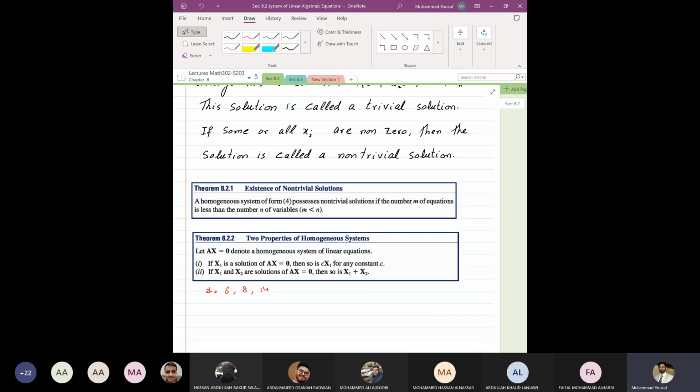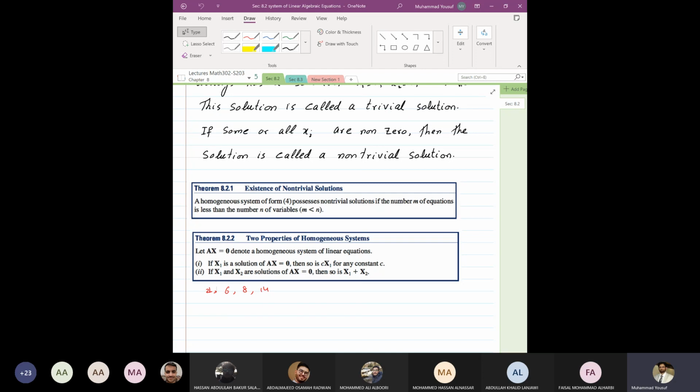So this is a theorem. Whenever you see a homogeneous system where the number of variables is more than the number of equations, then at once you should know that this system is consistent, that is, it has solutions, and they are non-zero solutions.